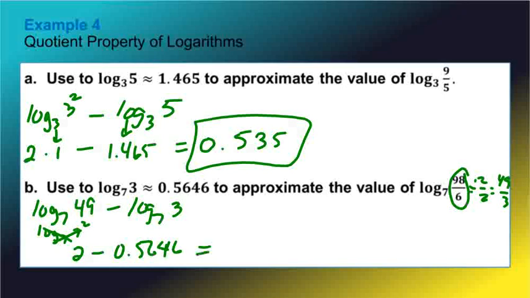So 2 minus 0.5646, we have 1.4354. Now in all of these, I know you could put these into your calculator to solve it, but to show that you understand the properties and they want you to use the estimated or approximate values, you do need to show your steps on how to solve those.